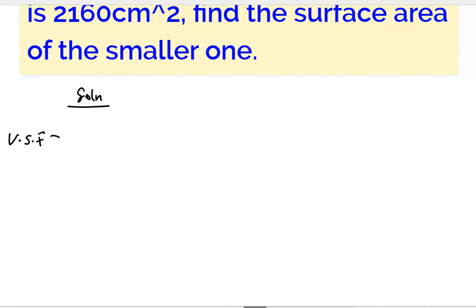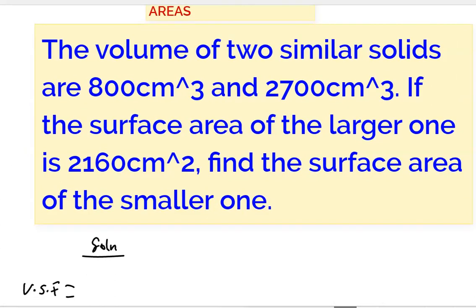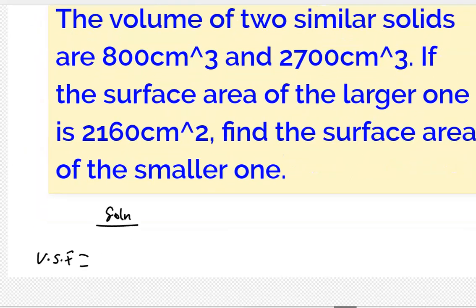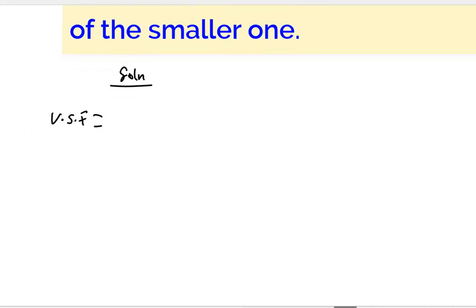If you look at the question, the volumes of the two solids are 800 and 2700. So we have 800 divided by 2700. You can as well decide to do 2700 divided by 800, but whatever you do, ensure that you are consistent.